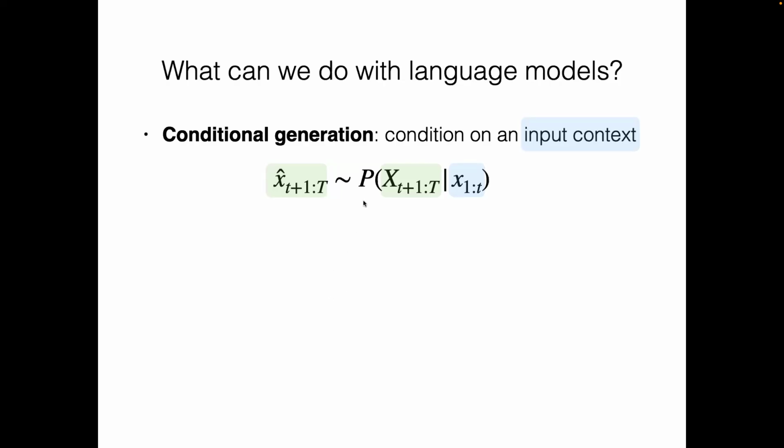So again, just viewing this as a probability distribution, one thing you can do with the probability distribution is you can condition it on some information. Now you have some conditional distribution. So now you can provide this input context and now try to generate or sample some output or some continuation.